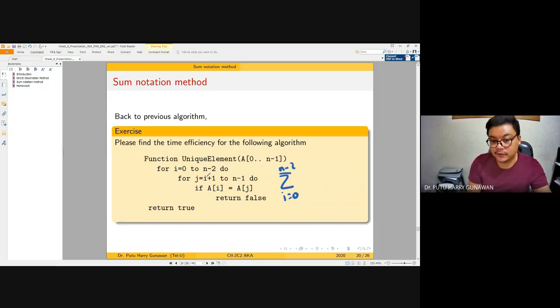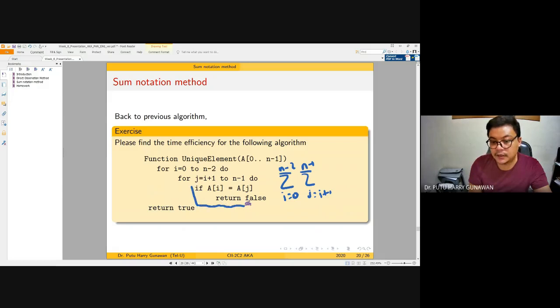Now move to the other loop. In the inner loop, we have a sum again: sum of j equal to i plus 1 to n minus 1. And how many operations?